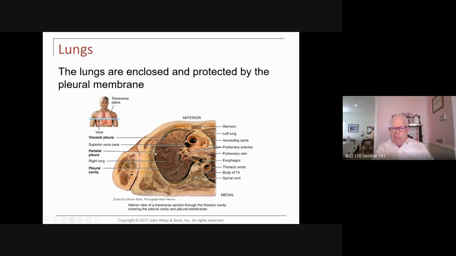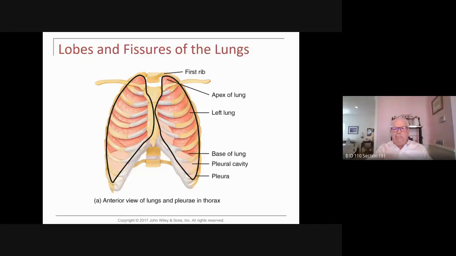The parietal pleura protects the cavity. So all serous membranes have a visceral layer, which is on the organ, in this case on the lungs, and a parietal layer, which covers the cavity, in this case the pleural cavity. Okay?